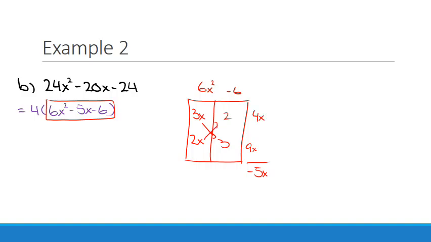Okay, well, 9 and 4 can make a 5x. And if I look, I got to make that guy negative. So one of them needs to be negative. The negative should go with the 9. So that means it has to partner with the 3. 4 minus 9x is definitely negative 5x, meaning these are my factors. So the 4 gets carried along from the previous step. 3x plus 2, 2x minus 3.